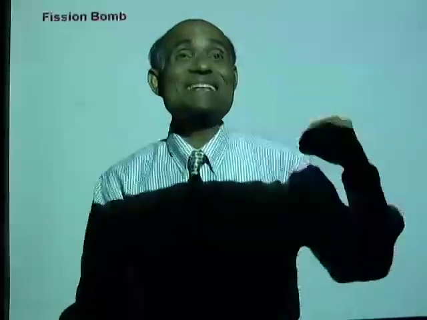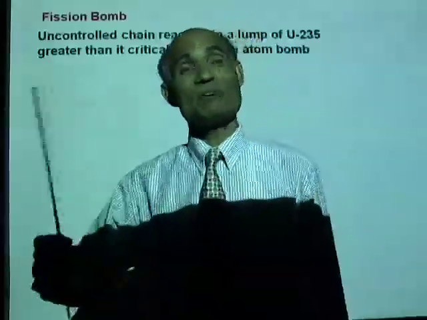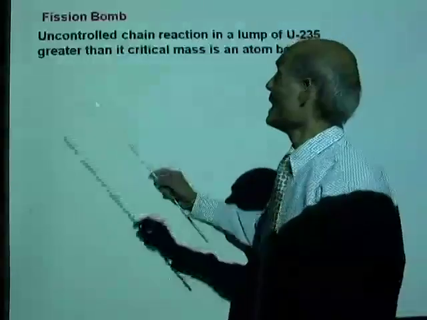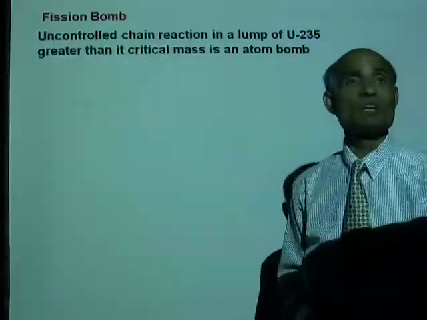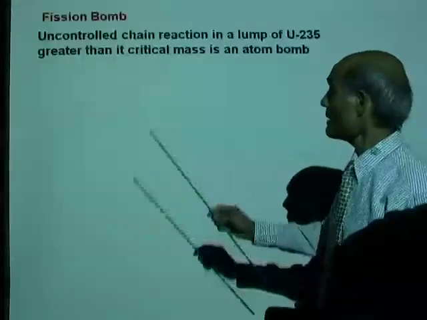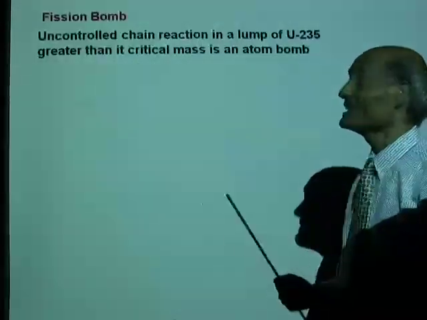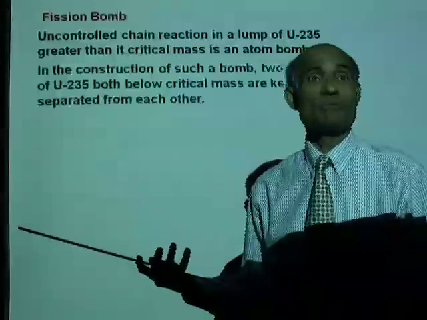You need to assemble it just before it is going to be released. That is, the assembly of the bomb should take place after it is released. Otherwise, you're going to be killed by it. So how are you going to do that? Uncontrolled chain reaction in a lump of uranium-235 greater than its critical mass is an atom bomb.